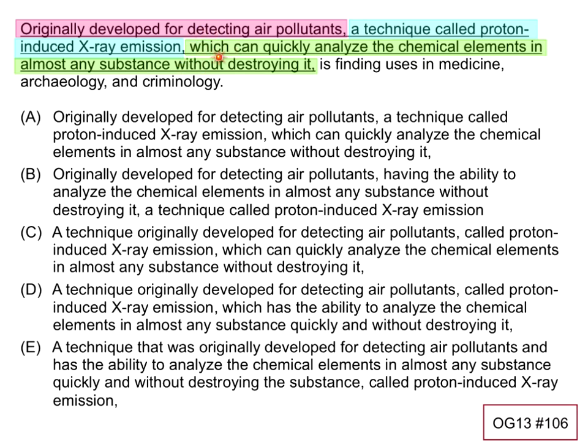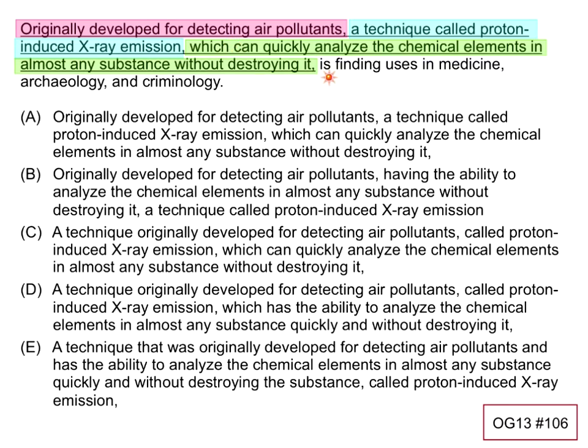Is that referring to the emission, or to the technique? Some people are saying the emission, some the technique. Does it matter, or is there a problem? We'll leave that for now.